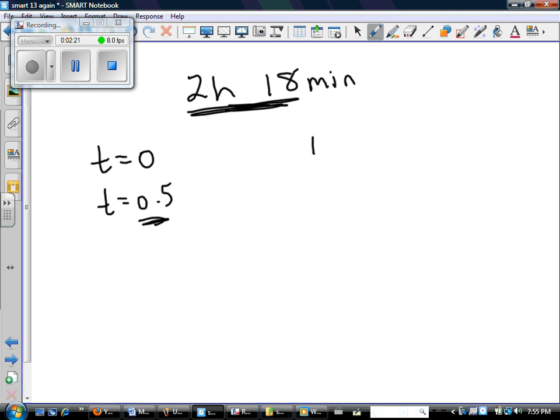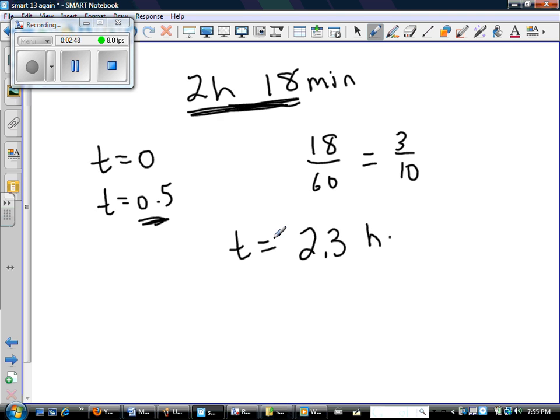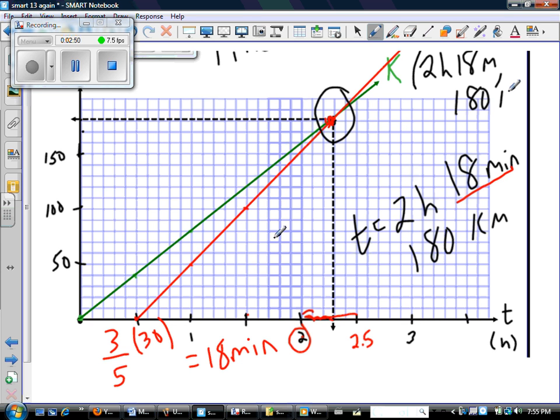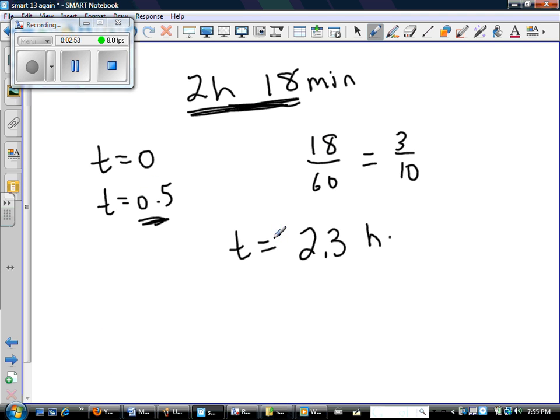So that's a pretty simple thing to do. 18 out of 60 minutes is what decimal portion of an hour? I could get a calculator, but what the heck. I'm going to divide top and bottom by 6. That gives me 3 out of 10. So that means that 2 hours and 18 minutes is actually 2.3 hours. So that's one thing you could have done differently. Certainly, there's absolutely nothing wrong in my books with saying 2 hours and 18 minutes, but t equals 2.3 hours is, I guess, slightly more mathematical.